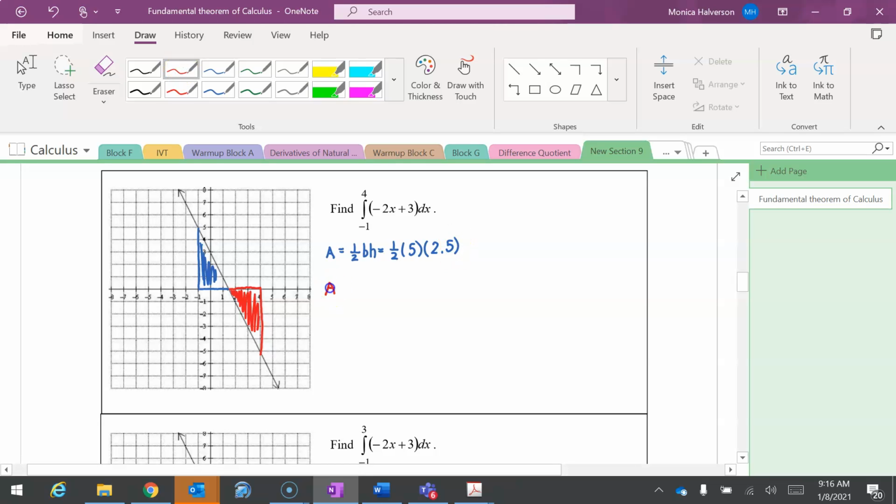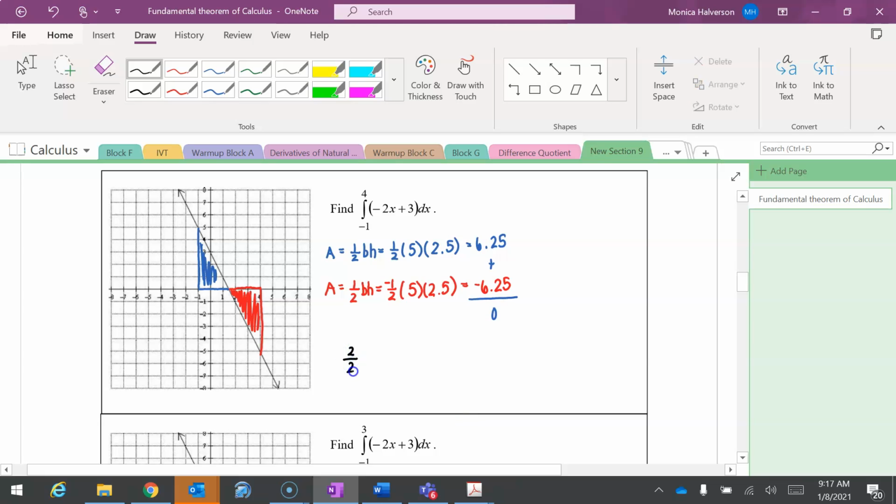And the area of the red triangle is 1/2 base times height, which is 1/2 times 5 times 2.5. But we know it's negative because it's below the x-axis. So we'd get negative 6.25 and 6.25, which means that if you added them together, we would say that the value of this definite integral is 0. Let's see if that's the case when we actually use the fundamental theorem of calculus.